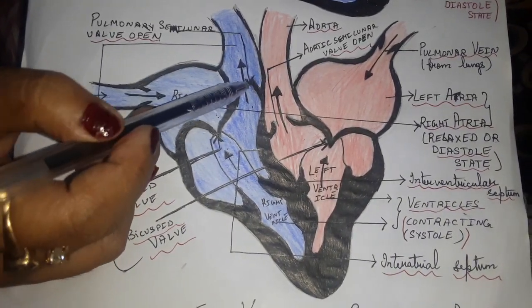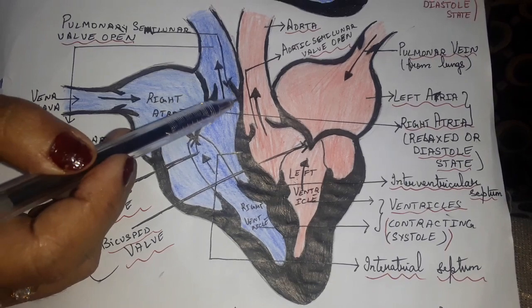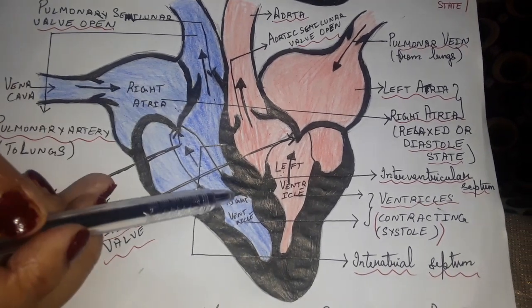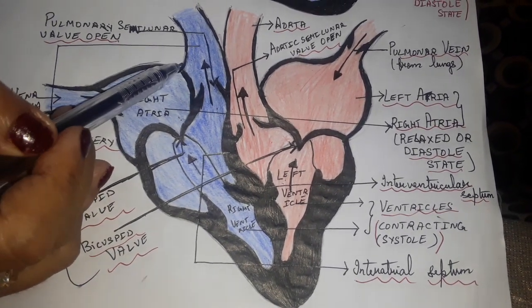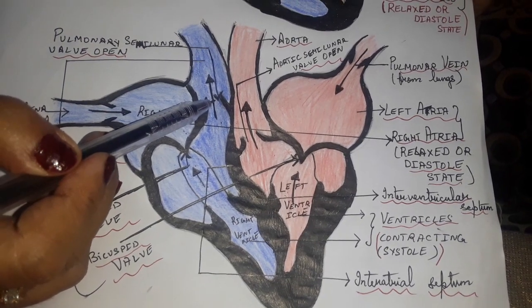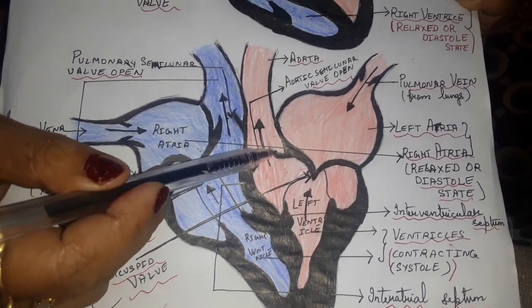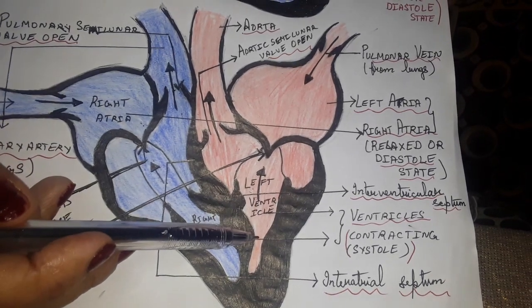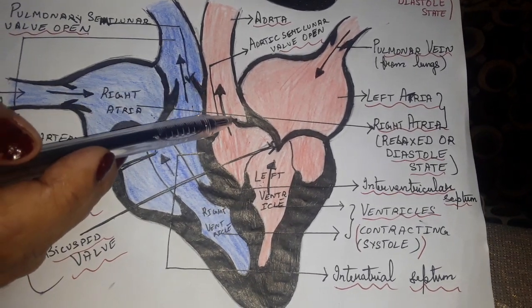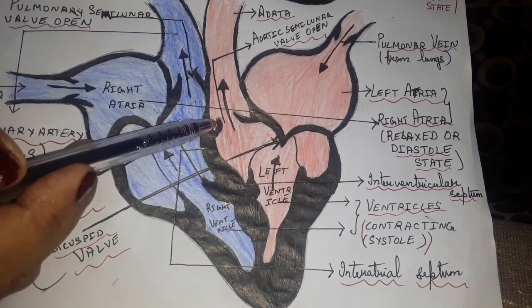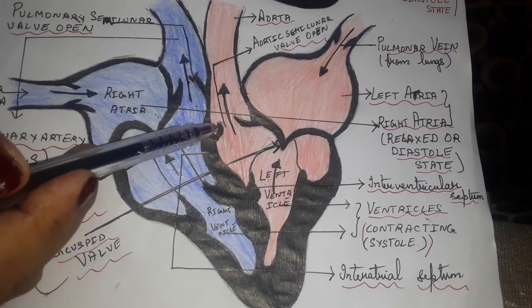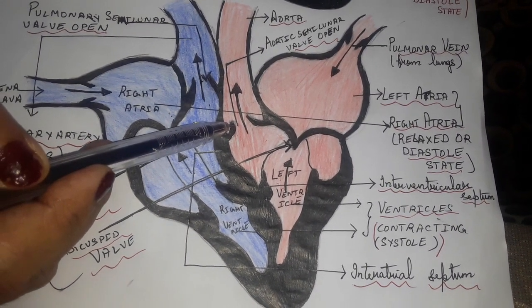The opening of the right ventricle into the pulmonary artery is guarded by valves which are called pulmonary semilunar valves, and the opening of the left ventricle into the aorta is guarded by semilunar valves which are called aortic semilunar valves.